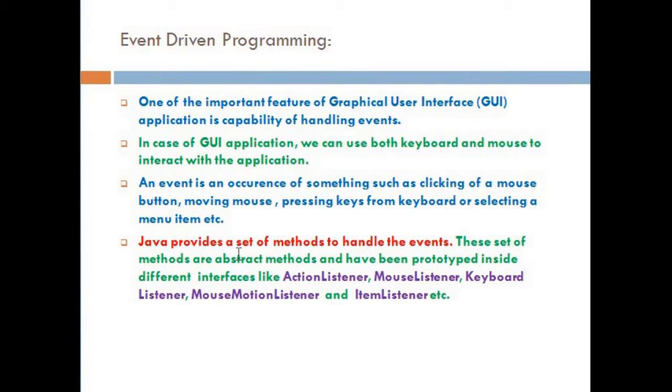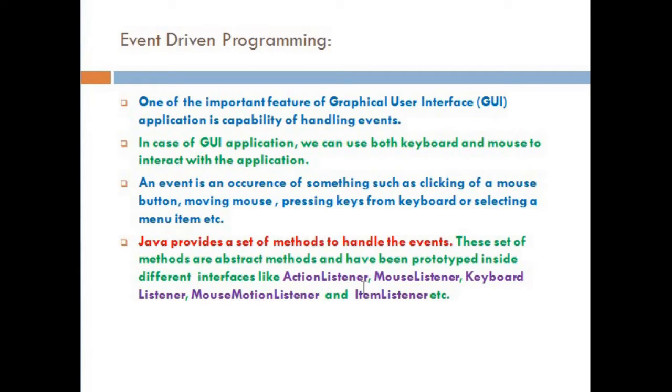Now Java provides a set of methods to handle the events. These methods are abstract methods and have been prototyped inside different interfaces like the action listener, mouse listener, keyboard listener, mouse motion listener, and the item listener. We call these methods abstract methods because they are short and simple.